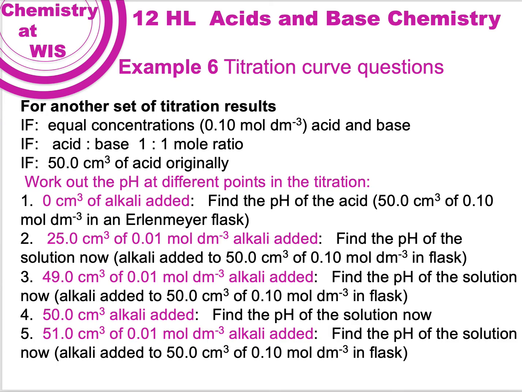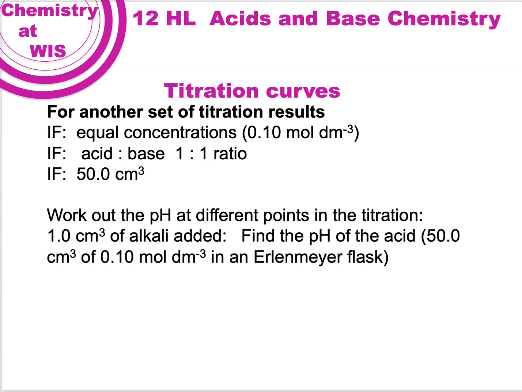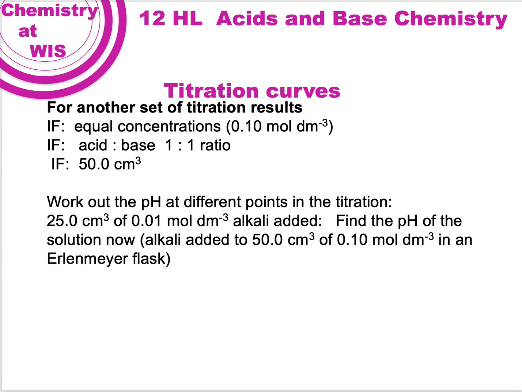So you want a monoprotic acid like HCl or HNO3, strong acids, to answer those questions. So pause to be able to do those. And each one of those questions is just looked at in slow time. So you can pause as you go through those to answer them.